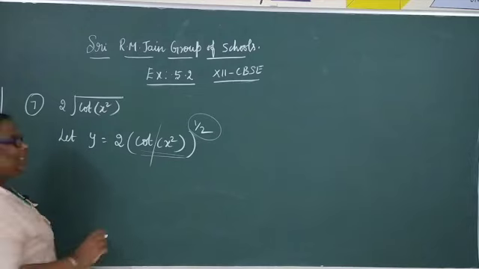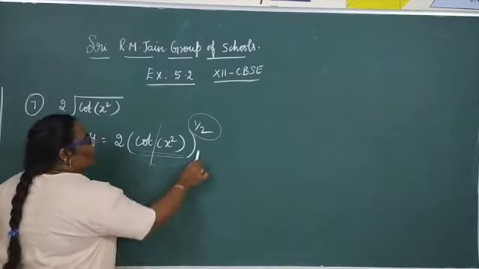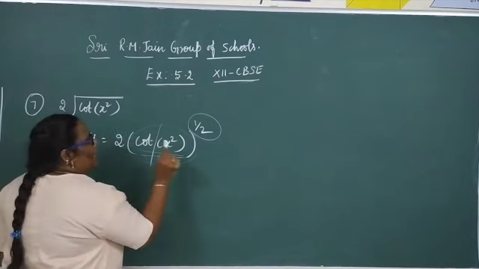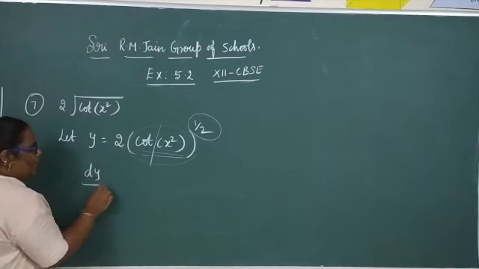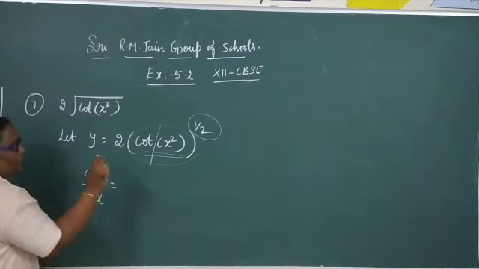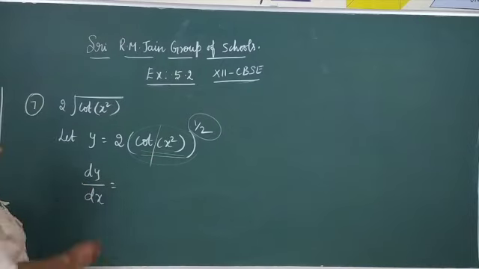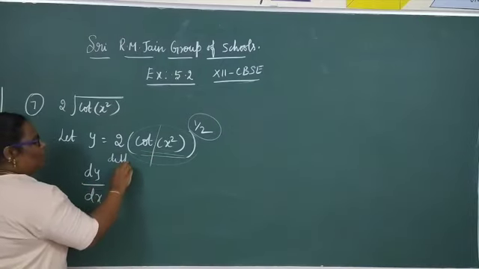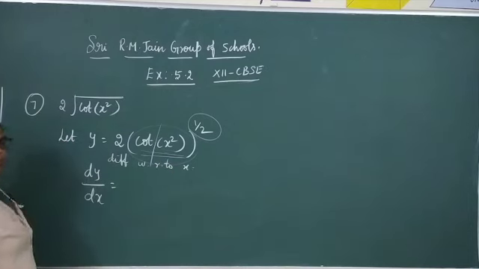First power, then cot of x, then x square. See here, dy by dx. Differentiate with respect to x. Differentiate each and every term with respect to x.